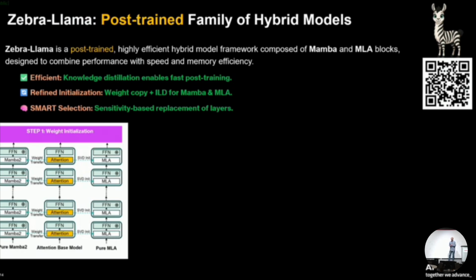We call our model Zebra Llama, a family of post-trained hybrid models. One important feature of this model is that we train it through post-training, and it's also extremely efficient compared to transformer models.